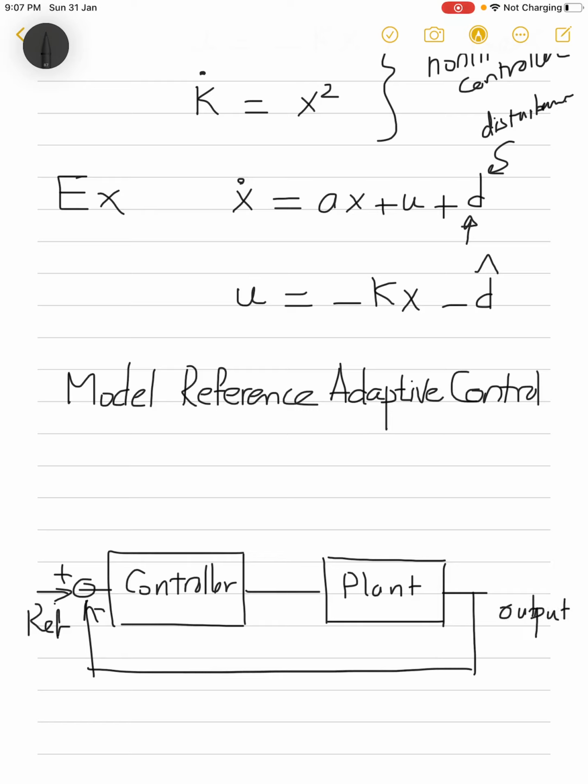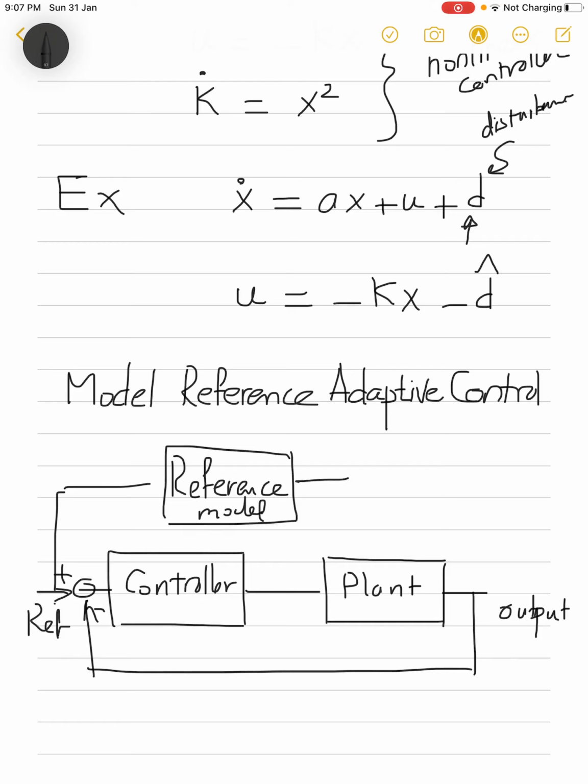So assume I'd like to have the relation between the reference and the output to behave like some reference model. So this is a reference model. So I like the relation between the reference and the output of the reference model to be similar to the relation between the reference and the actual output of the system.